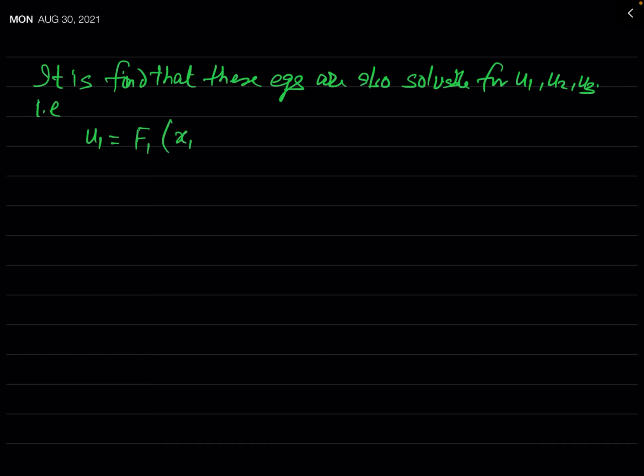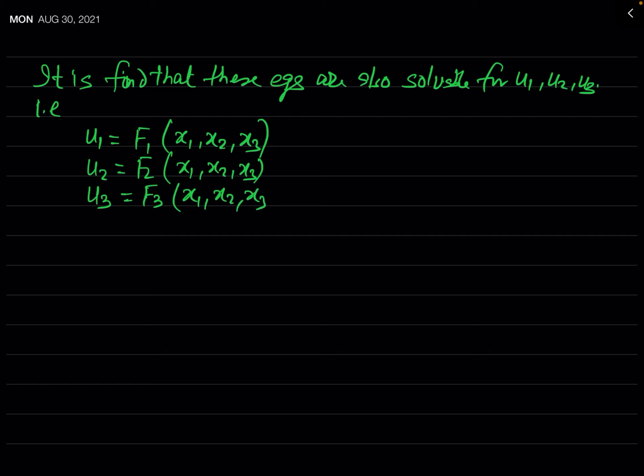x1, x2, x3. In fact, instead of xyz, we use the symbol x1, x2, x3 for convenience. You will see the utility of such a symbol later on. And now u2 can be expressed as a function f2 of x1, x2, x3, and u3 is equal to f3 of x1, x2, x3.